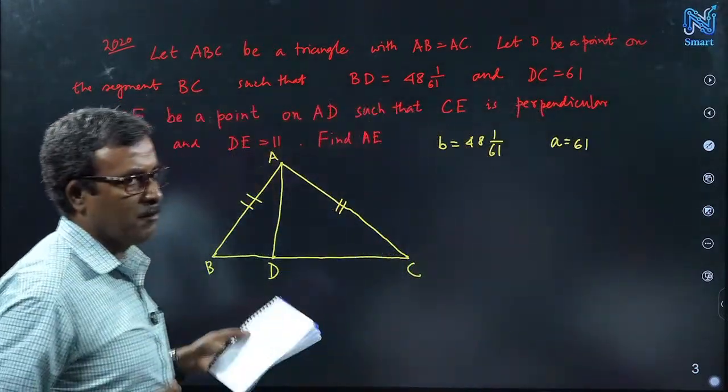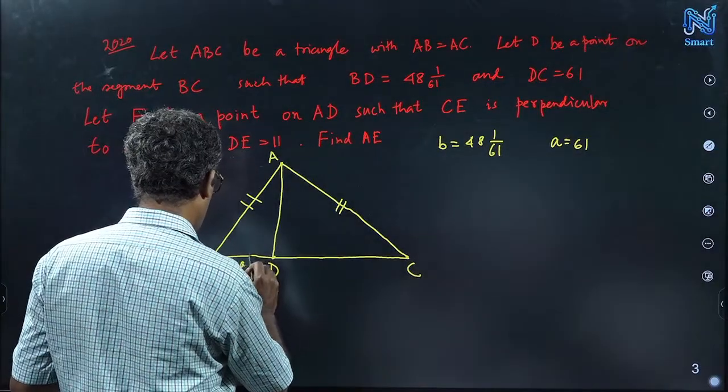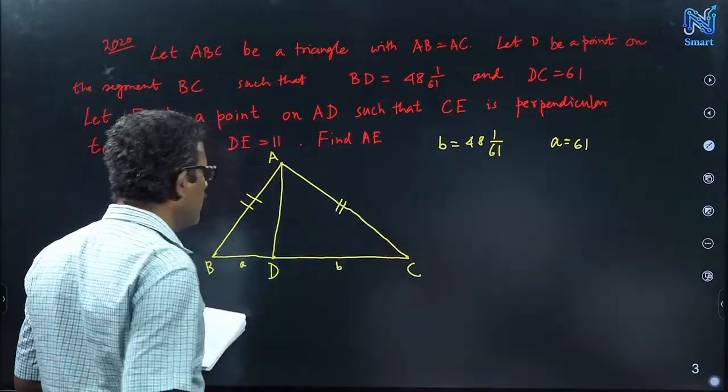No need of writing 61 every time, that's why I write A. So this is A, this is B, right?